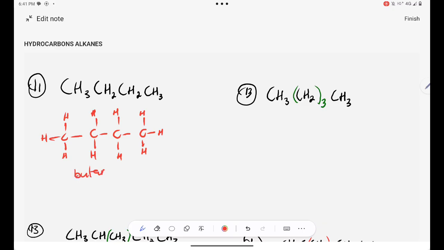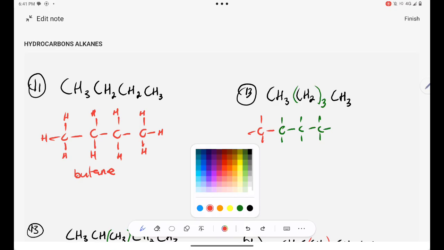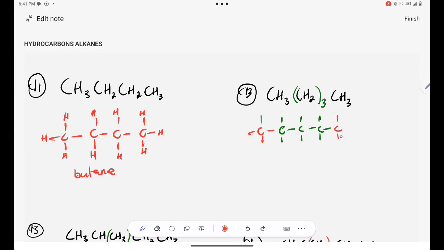simply be butane. Okay, and then for the other one, I simply have CH3, and then in between my compound, I have CH2 that should appear 3 times because of that number over there. And then at the end, I'll simply have another CH3.